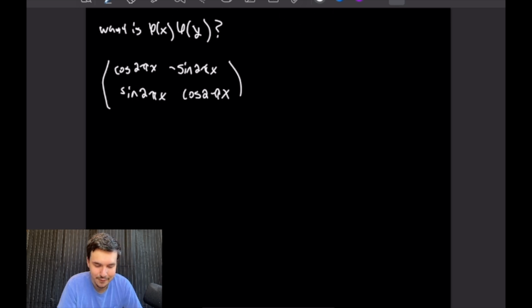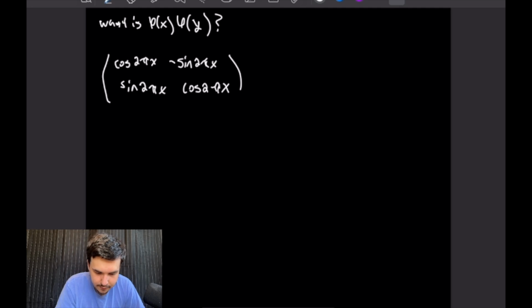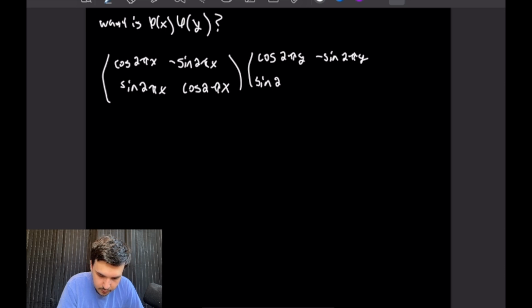Sorry for my messy handwriting. And then we'll have phi of y, which will be given by cosine of 2 pi y. We'll have minus sine of 2 pi y. Then here we'll have sine of 2 pi y. And then lastly, we'll have cosine of 2 pi y.